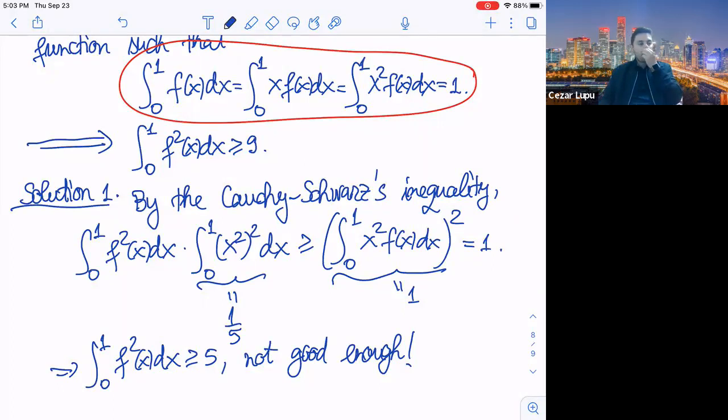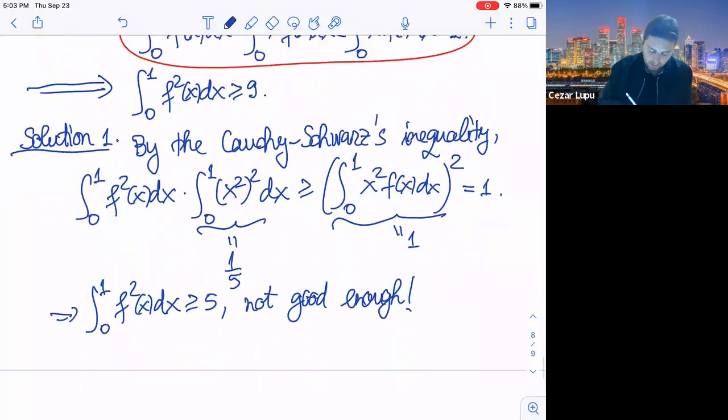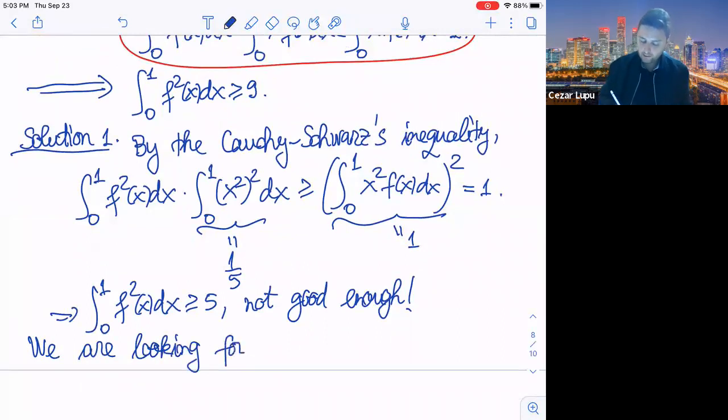So we were looking for a polynomial, the best thing that could approximate my function f. So we're looking for a quadratic polynomial.